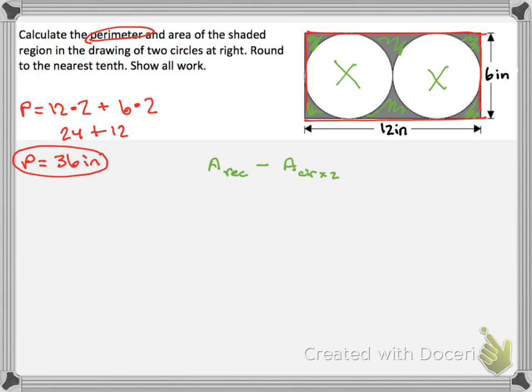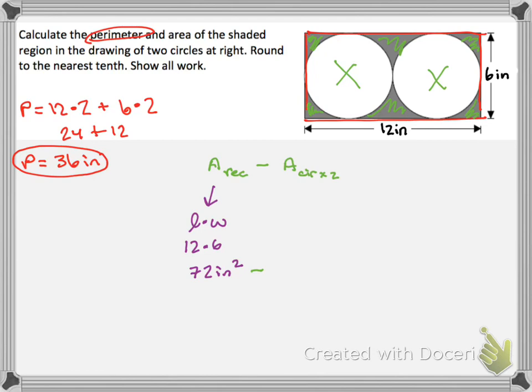All right, so here we go. My area of the rectangle is the length times width. So we're going to have 12 times 6, which is 72 inches squared. And then we are going to subtract from that the area of my circle times 2.